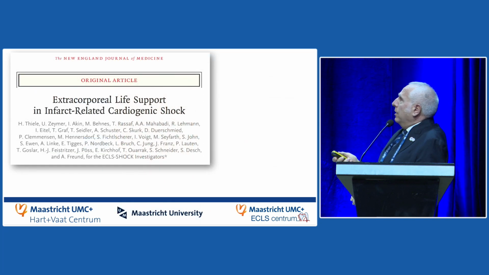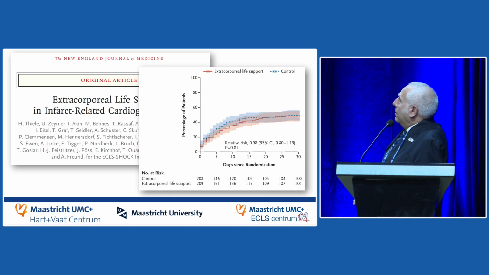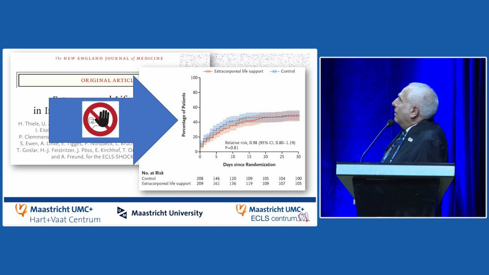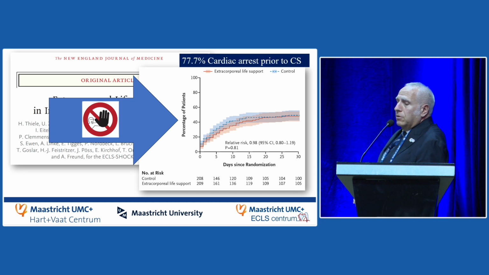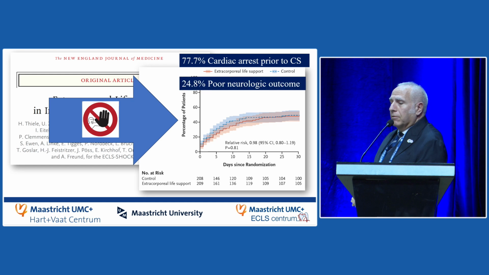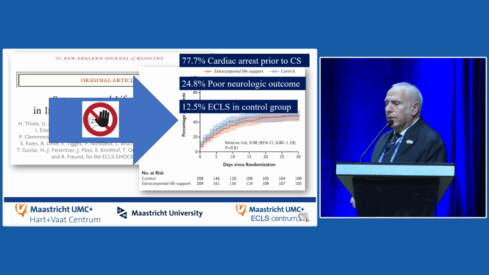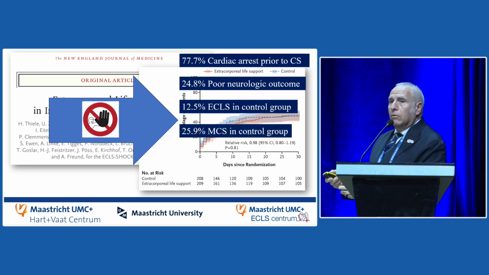Alain did a very careful and meticulous job, but if you look at some of these features, like cardiac arrest rate and the pure neurological outcome, I've never seen almost 25% of patients in cardiogenic shock having a pure neurologic outcome, at least in my practice. 12.5% in ECLS, in the control group with conservative standard treatment, and then almost 26% of MCS in the control.